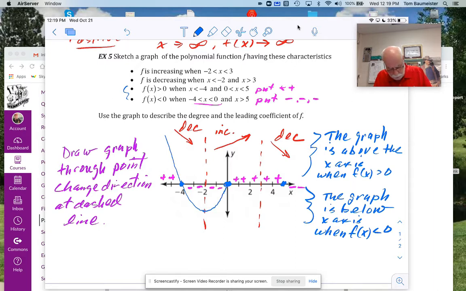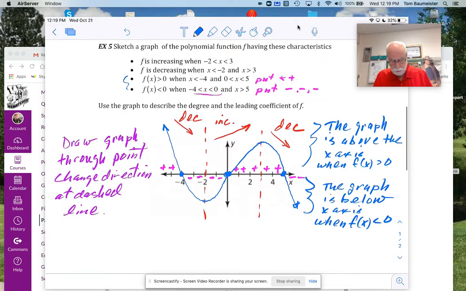And then I'm going to be increasing. So notice I am increasing from that dashed line to this dashed line. And I'm going to change direction at the dashed line. And then I know I'm going to be decreasing right there. All right. So I've done exactly everything that they've asked, ladies and gentlemen.